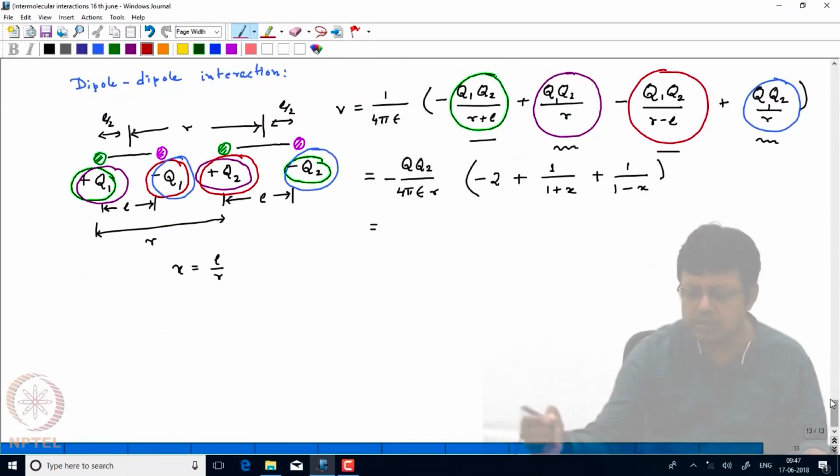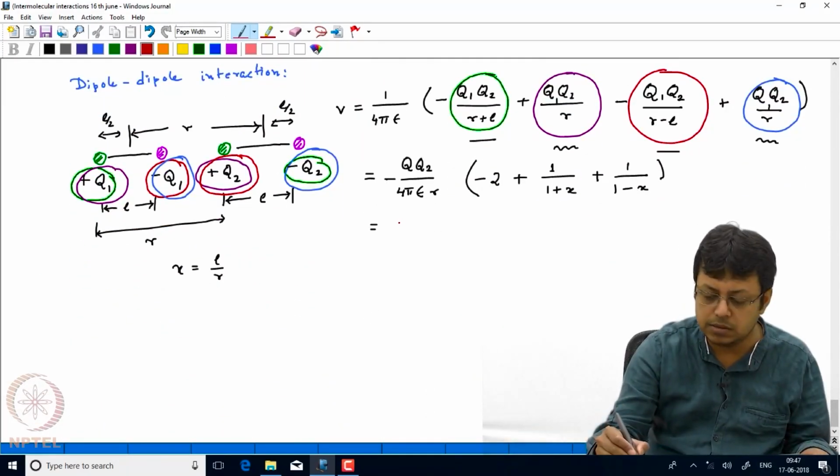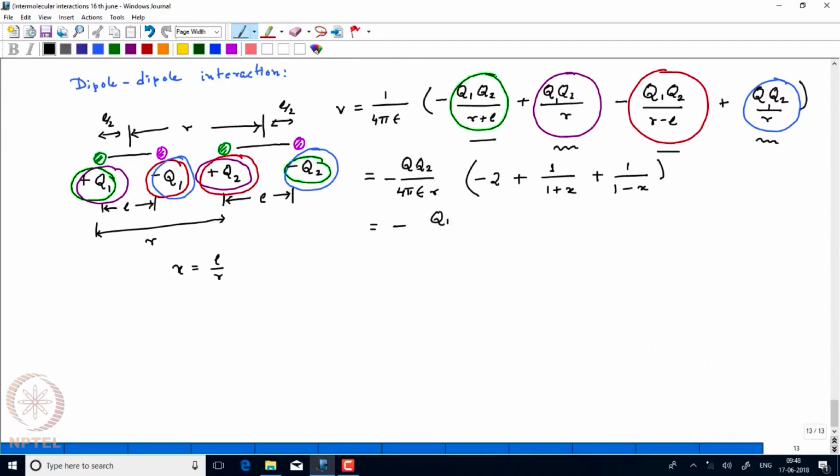So we can actually write down the series once again. It's not necessary, but I'll do it just for your convenience. So I'll have q1 q2 by 4 pi epsilon into r. I have a minus 2, and then we'll have a series for 1 plus x, and that series goes as, you know, it is 1, and then I'll have minus x plus x square minus x cube by 3, like this, and it's a series.